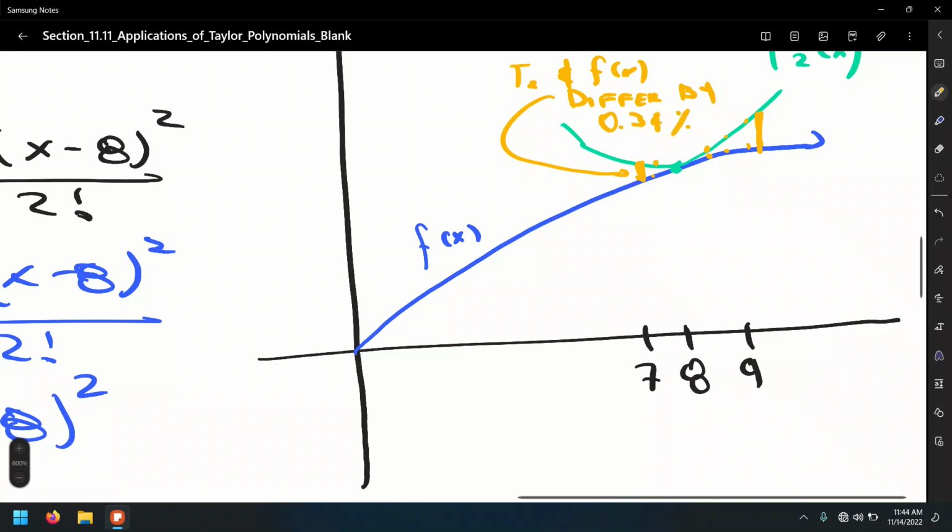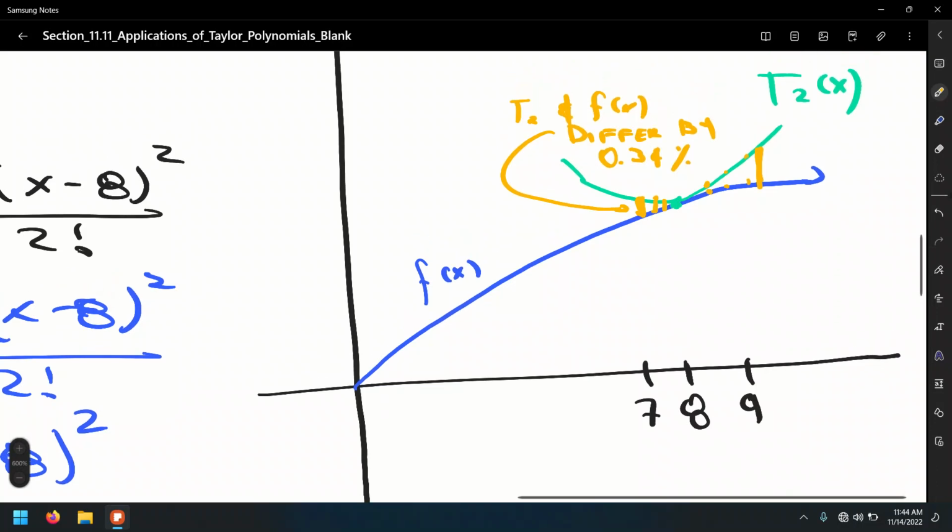That's in the outer end of the inequality. However, that's what we want to find, the largest value, the maximum difference. Of course, if we get closer to the center value, this percentage diminishes, because it's getting closer to the actual value.